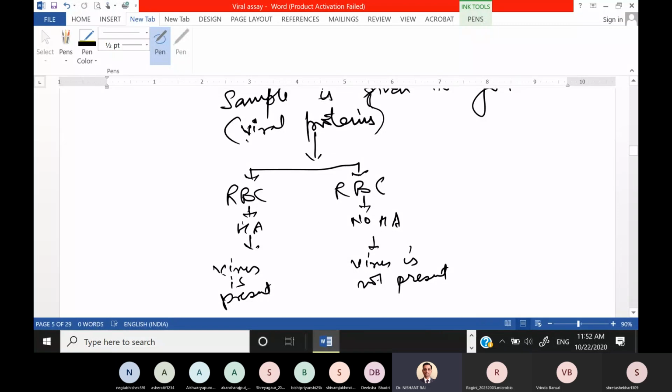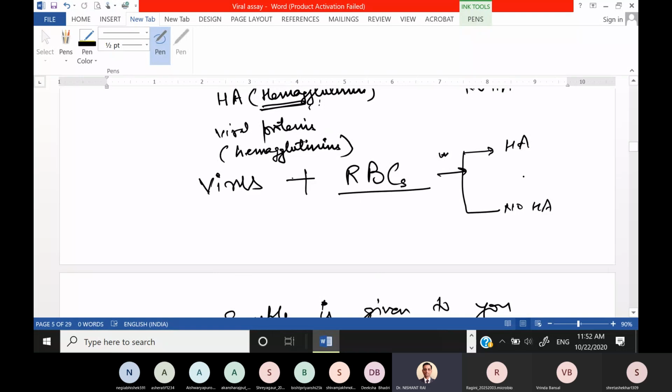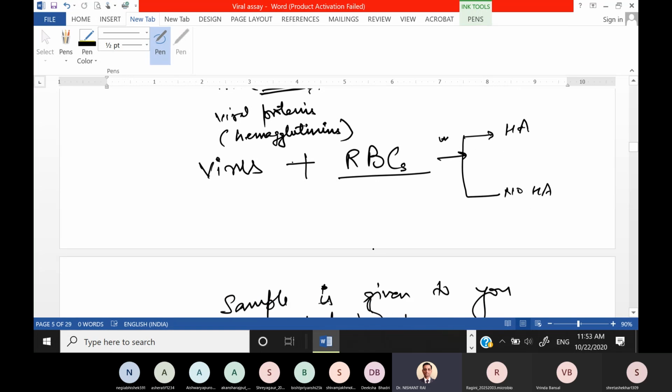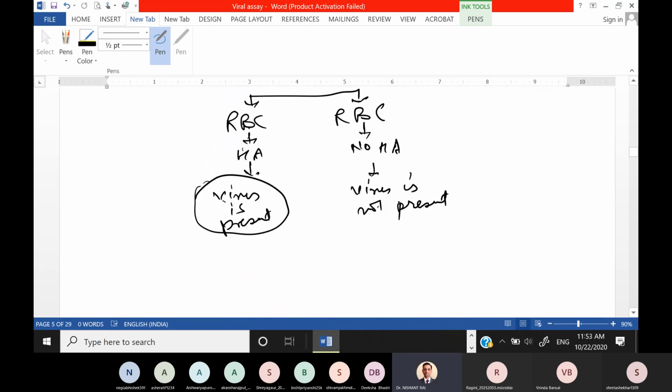So when I'm saying viral protein, that is hemagglutinin protein, always it will bind with RBC and show an agglutination reaction and confirm virus is present. तो यहाँ पर हमने observation क्या है, virus is present. यहाँ पर observation क्या है, whether it is containing hemagglutinin or not. Same experiment, same concept, but the observation on the basis of query is different. Here the answer is yeah, it is containing hemagglutinin, or here it is confirming whether the virus is present or not.